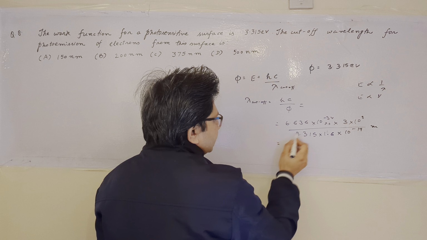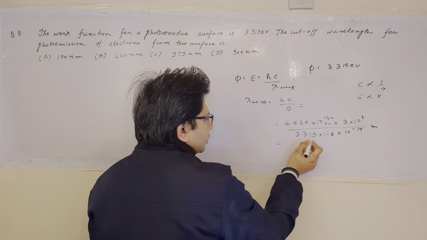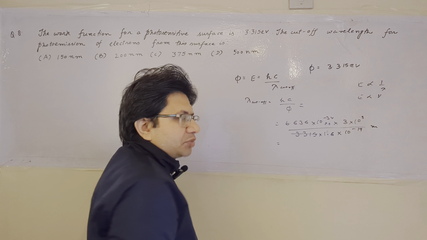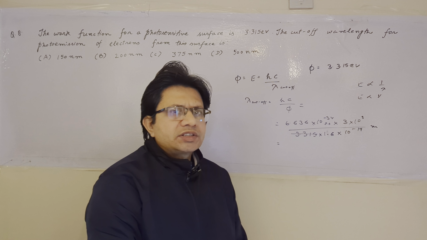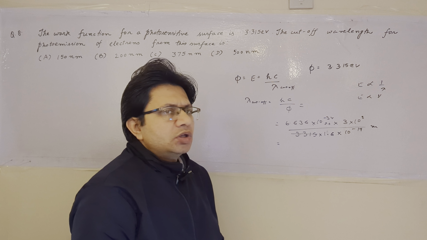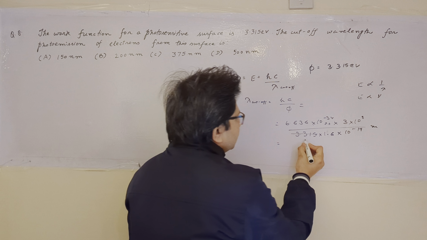We can easily see that 6.636 is nearly equal to 2 times 3.315. These values are specified in your board exam question paper; this data is provided to you. So this is 2 times, and 2 into 3 is 6.